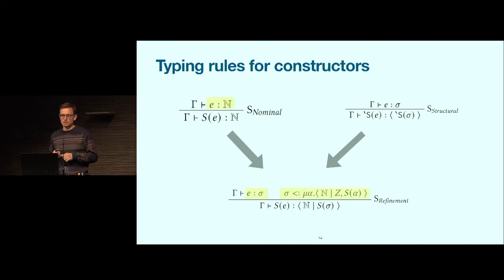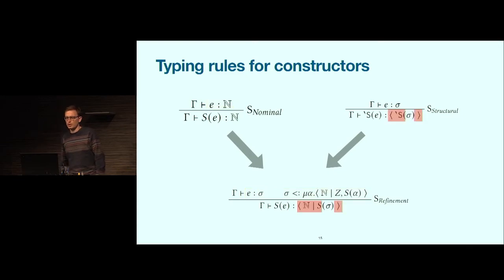From the nominal system, the characteristic property is that we require the argument to the successor to also be a natural number. In our combined rule, we express this by requiring that the argument to the successor is a subtype of the full refinement of the natural numbers, which is a constraint generated during constraint generation.